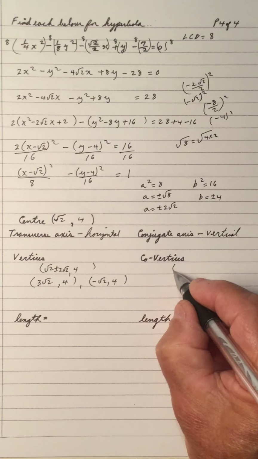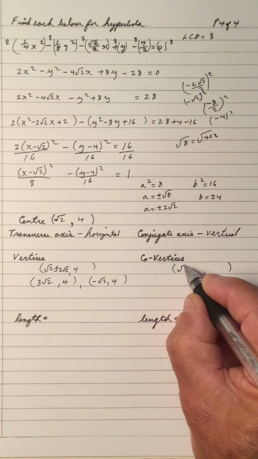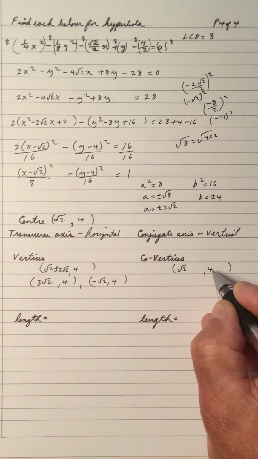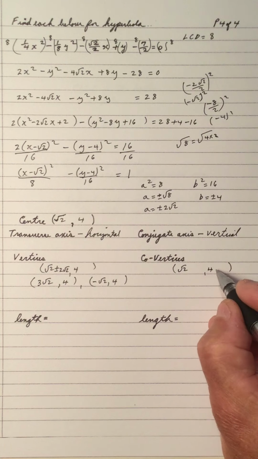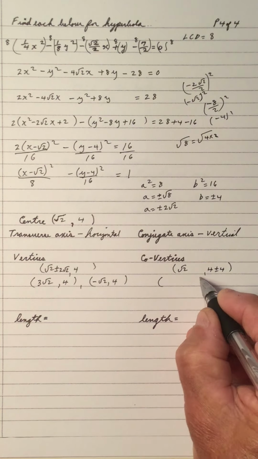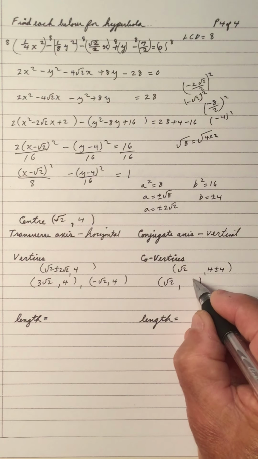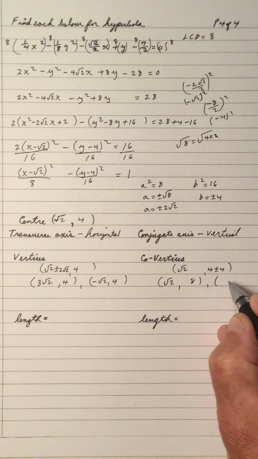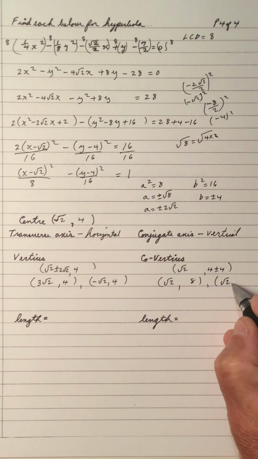And the co-vertices are, again, the center is root 2 and 4. And the co-vertices is vertical, so the values of b are added to the y value, plus or minus 4. So we have root 2, 4 plus 4 is 8, and the other co-vertex is root 2, and 4 minus 4 is 0.